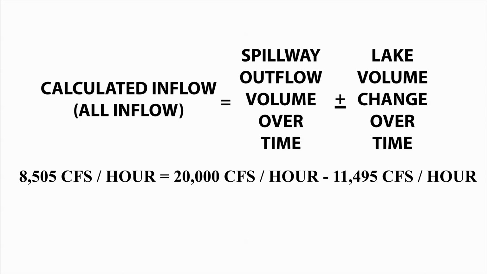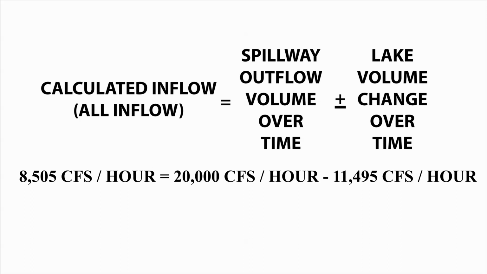The inflow represented by the change in lake elevation over time will be subtracted from the inflow represented by the flow through the spillway. The unknown inflow is 20,000 CFS, which accounts for the spillway discharge, minus 11,495 CFS, which accounts for the lake volume decrease.